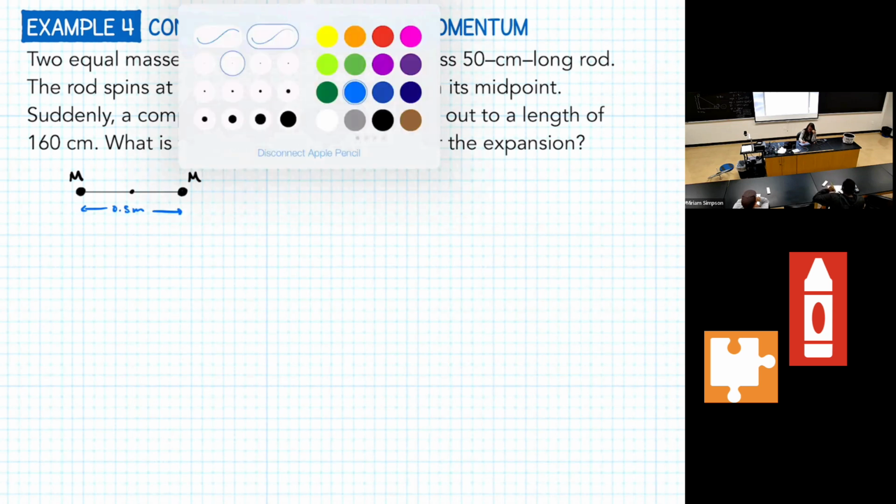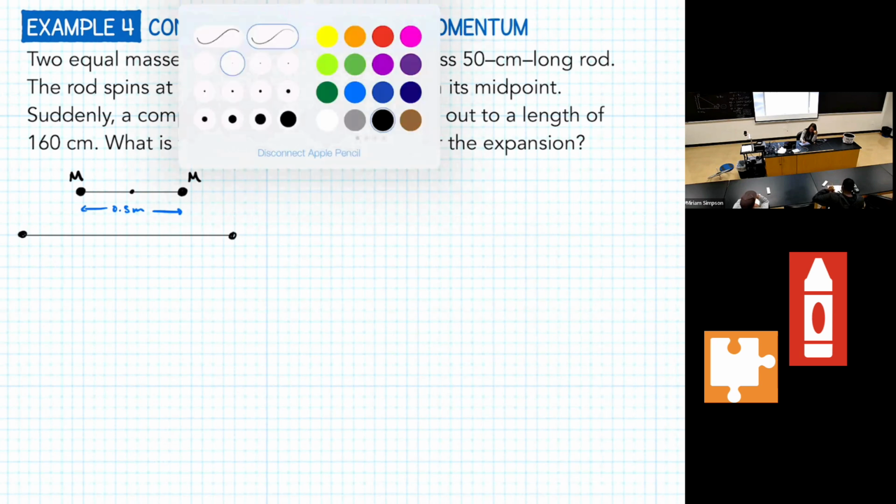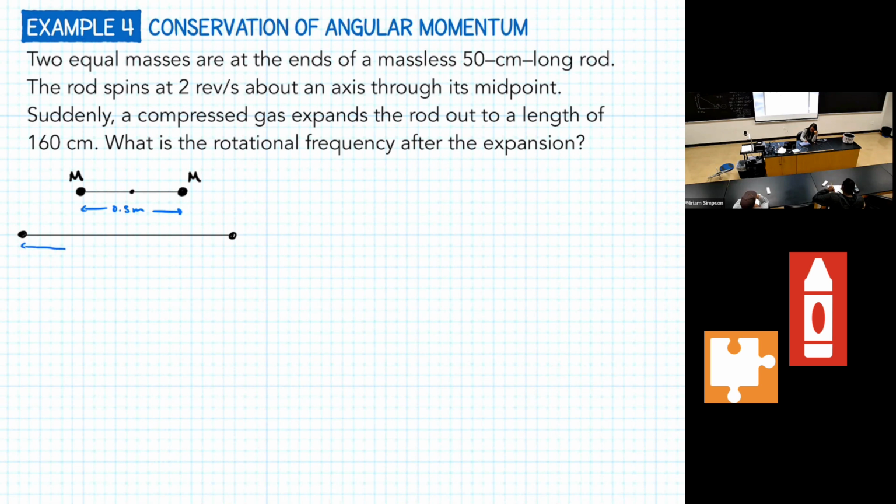Then at a later time, we have a much longer rod, same masses, and this becomes 160 centimeters, so 1.6 meters.